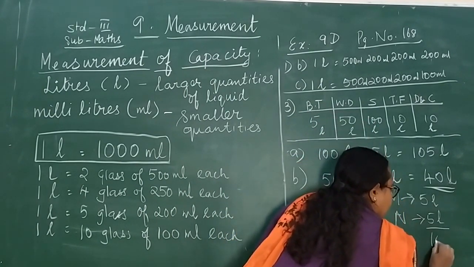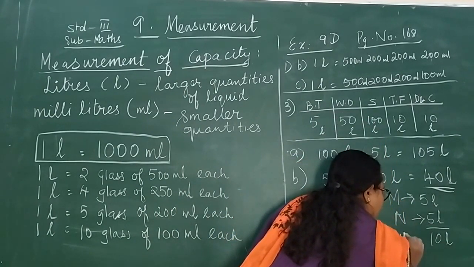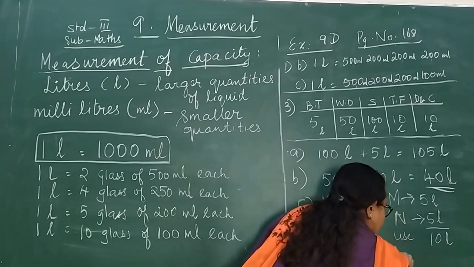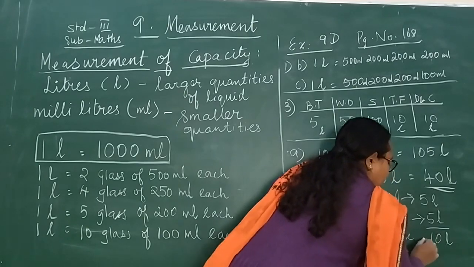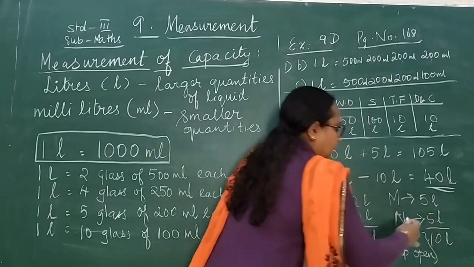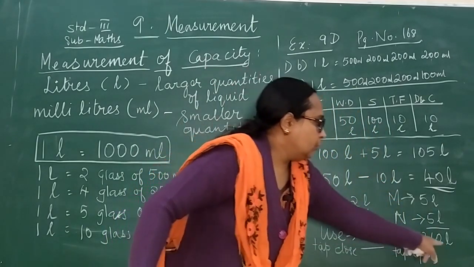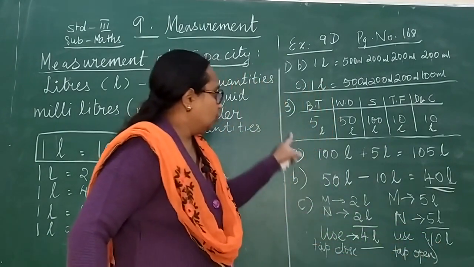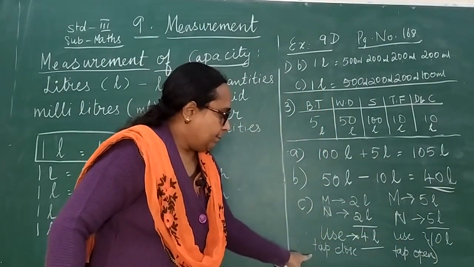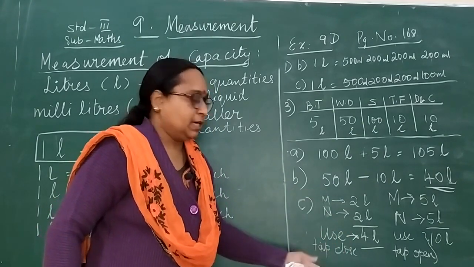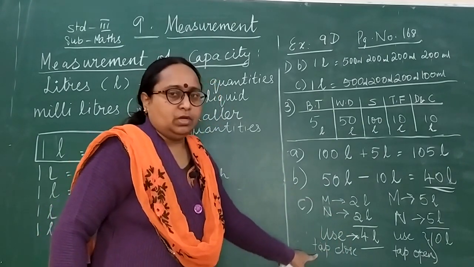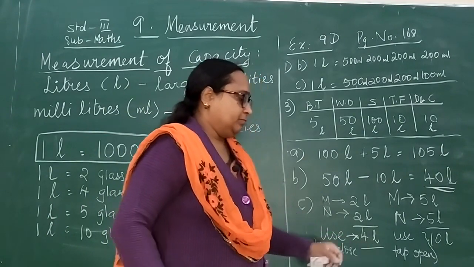So total will be 10 liter. That is with running water. With running water you use 10 liter of water to brush your teeth. When the tap is closed, you open the tap only after brushing to clean your brush, otherwise the tap is closed. So you use only 4 liter.